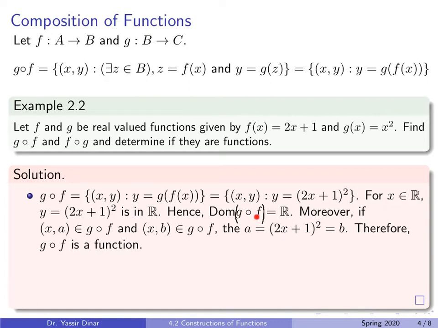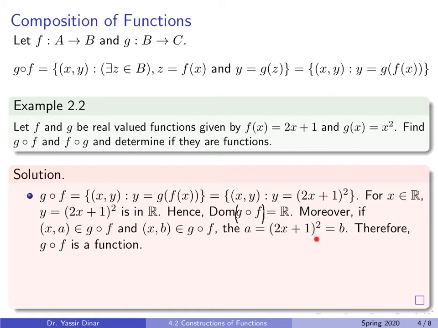That means G circle F satisfies the first condition of being a function. Moreover, for the second condition, I have to take two pairs, here (x, a) and (x, b), in the relation G circle F. But then, using the rule of G circle F, we have a is equal to (2x plus 1) squared, which is the same value as b.